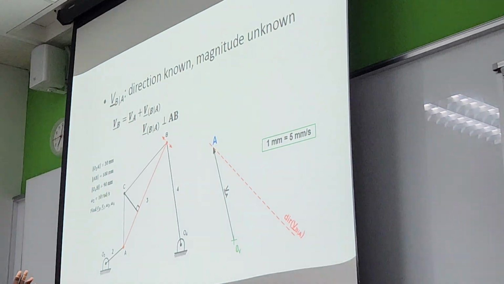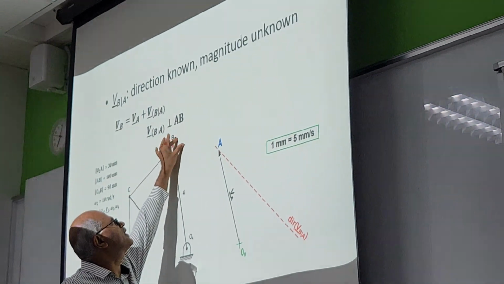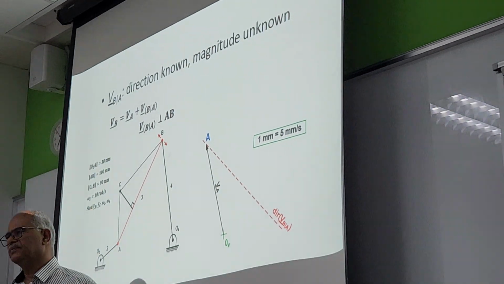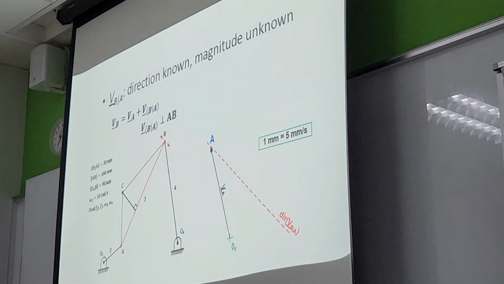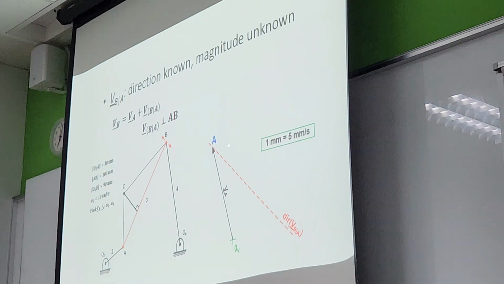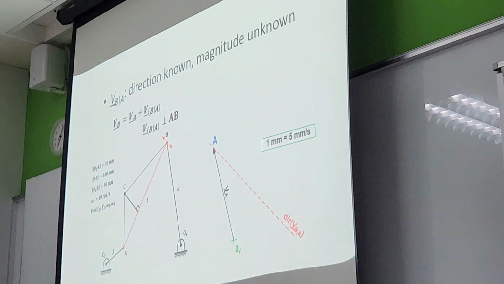Okay, so what you do, you can again use your set squares, just move the same thing to point A. You plot the same direction at the tip of point A. So you only know the direction, but you don't know exactly whether it is upwards or downwards, and the magnitude of the velocity.